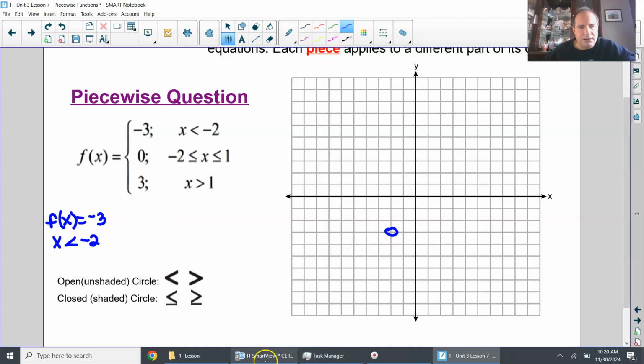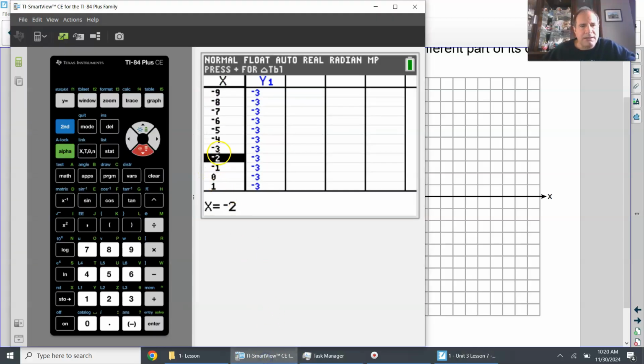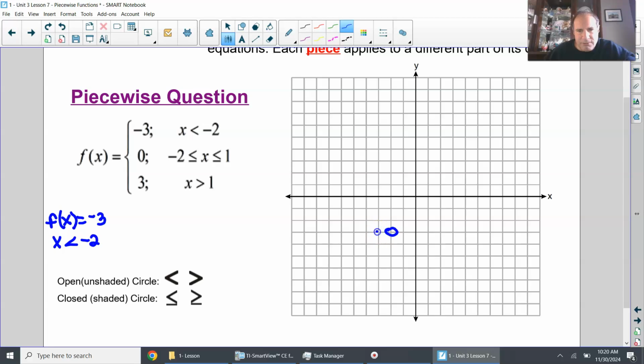And then anything below that, -3, -3, -4, -3, -5, -3, it just keeps on going like this, -8, -3, -9, -3, and -10, -3. So this piece is pretty easy.